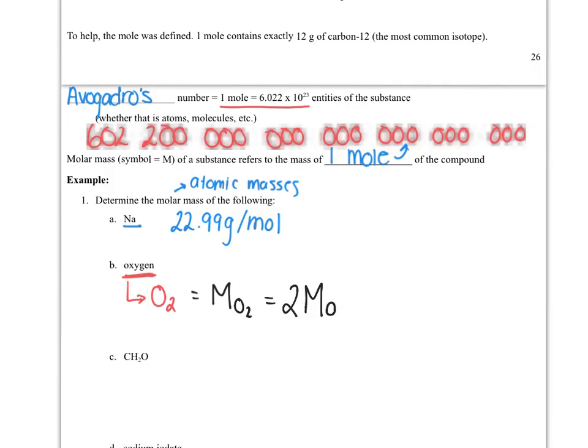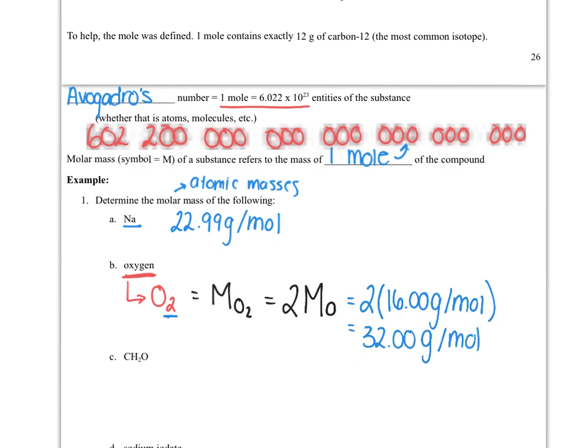When I'm looking this up on my periodic table, we're going to multiply the molar mass that we find for oxygen by 2 to account for the fact there's 2 in this molecule. So the molar mass of oxygen is 16.00 grams per mole. Note that I'm using units in all of my calculations. And when I multiply 2 by 16, I'm going to get 32 grams per mole.